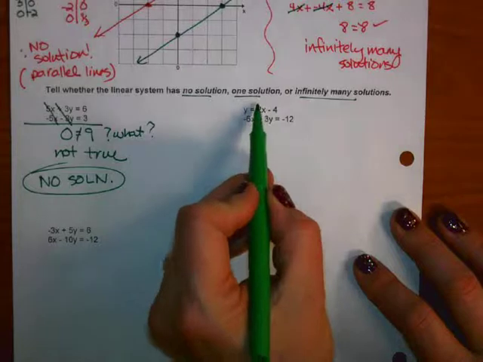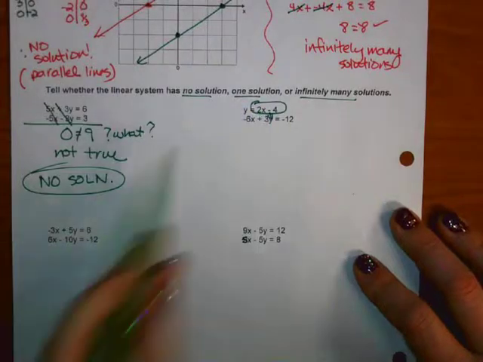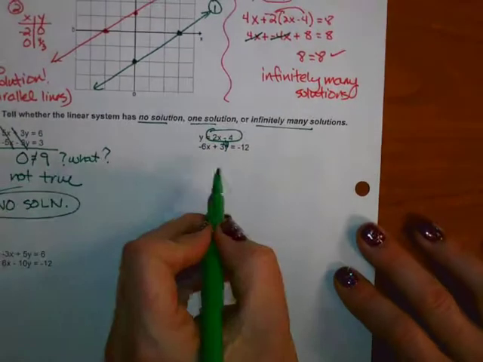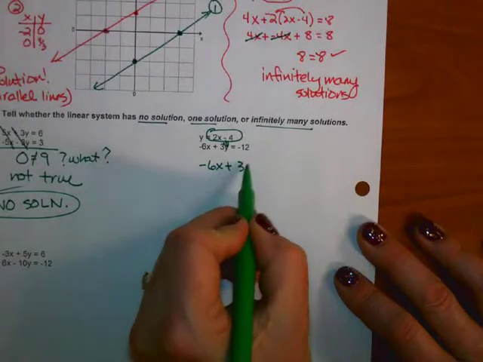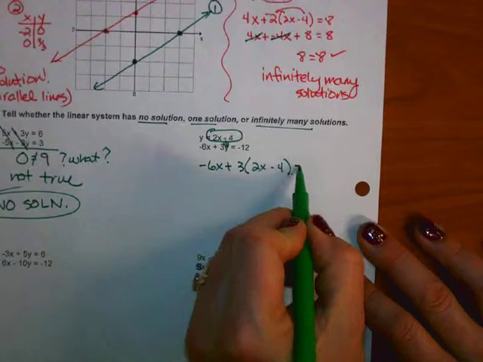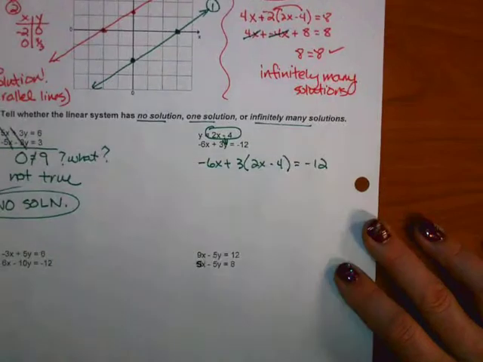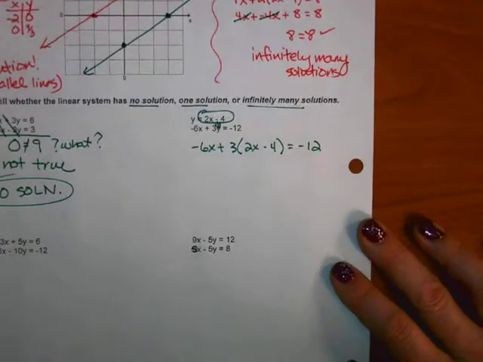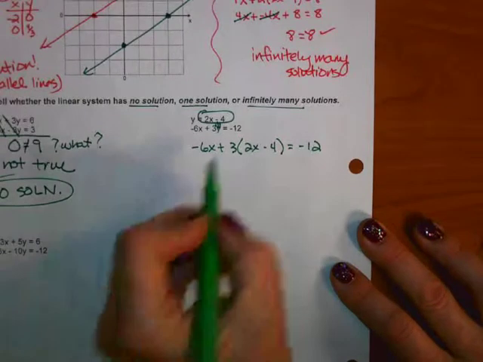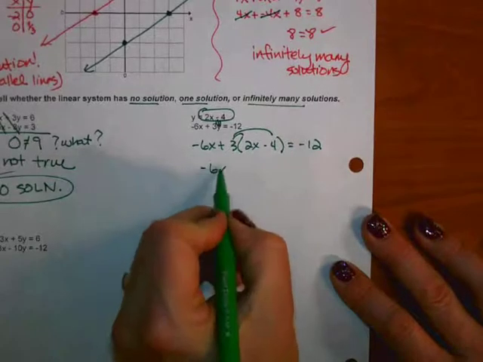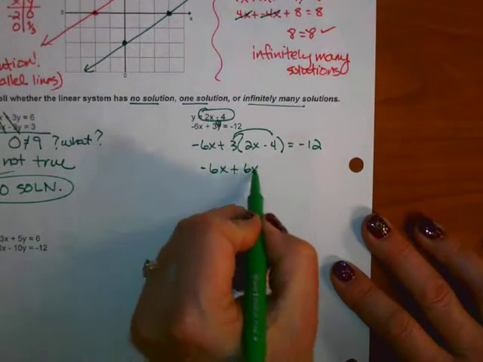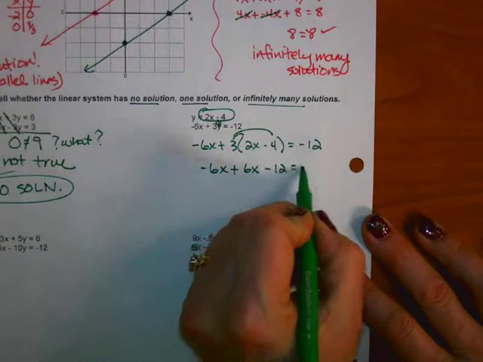that's the form that it's set up in right now. So I'm going to put that in there. So negative 6x plus 3. And then I'm going to put 2x minus 4 equals negative 12. I substituted. Then I distribute. Negative 6x plus 6x minus 12 equals negative 12.